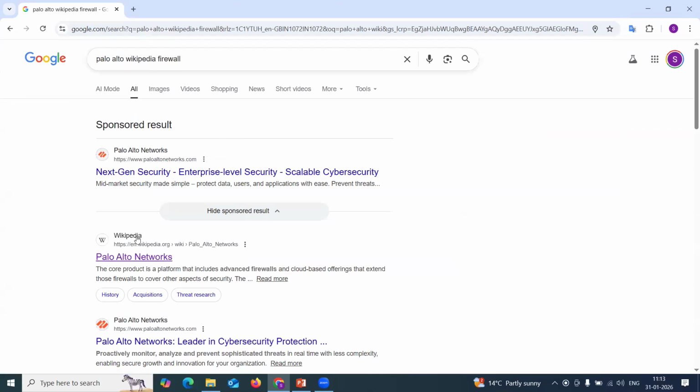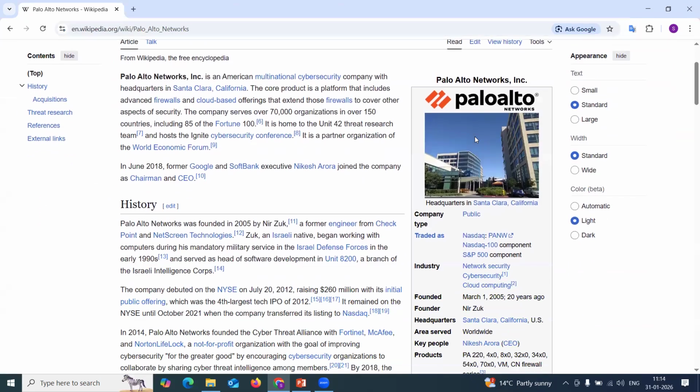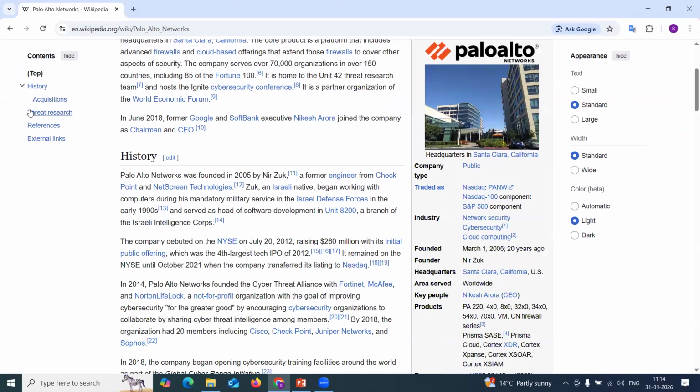Now here you see Wikipedia. It says Palo Alto is a California-based company, a US-based company. Headquarters is in California, and it was founded in 2005, somewhere around 20 years from the current date.